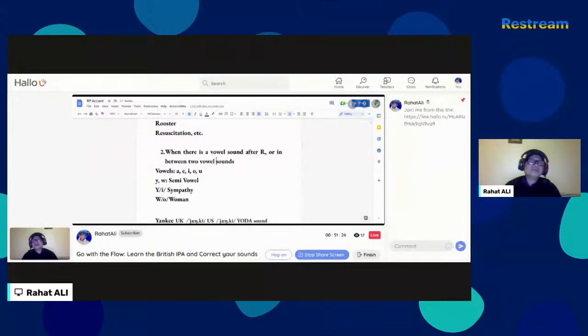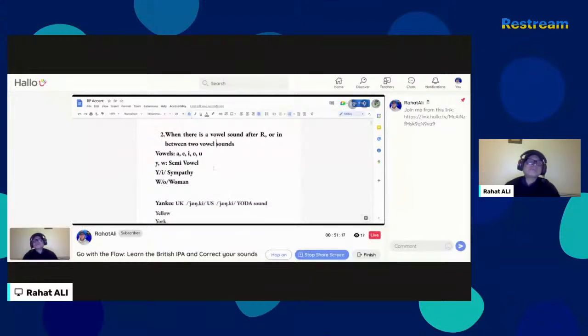As you might be aware, what are the vowel sounds in English? The first five vowel sounds are A, E, I, O, U. And also Y and W are called semivowels, the reason being Y sounds like I and W sounds like O.